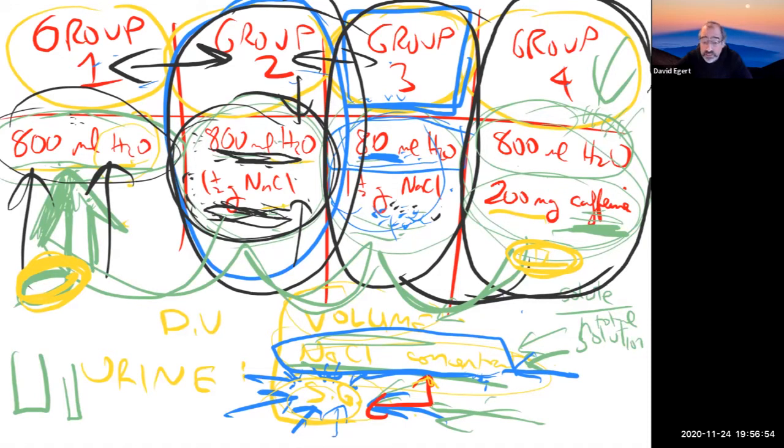But that would also mean we'd have a higher sodium concentration if we're letting go of more sodium. So that would be another hypothesis. Or another hypothesis would be that it's not a diuretic at all, in which case group 4 and group 1 would be very similar. Maybe if you're peeing out the caffeine metabolites, that would increase specific gravity a bit. So there's lots of different possibilities, which we won't know until we look at the data.